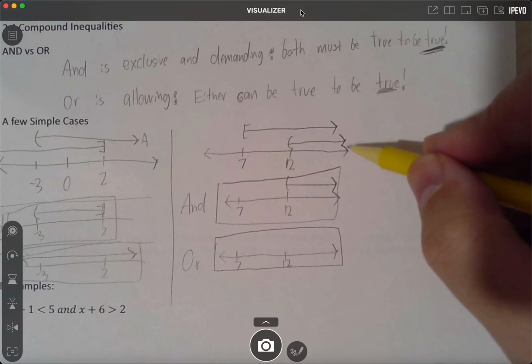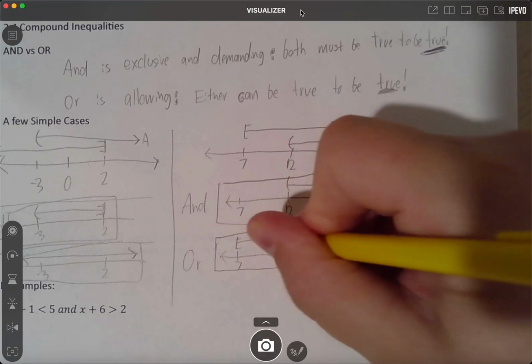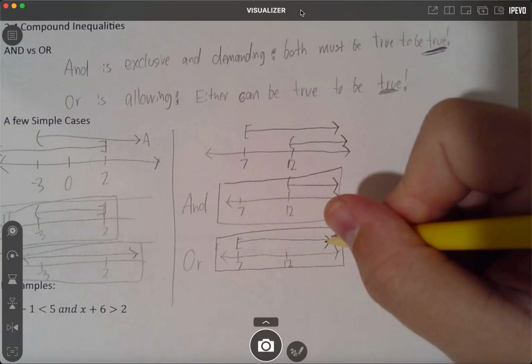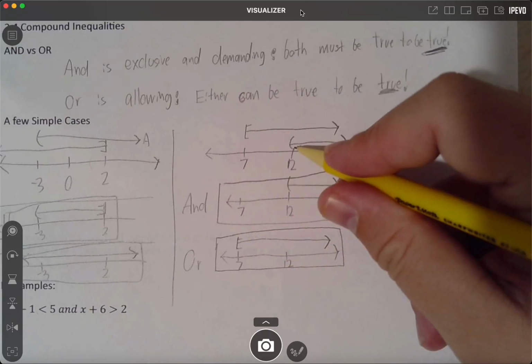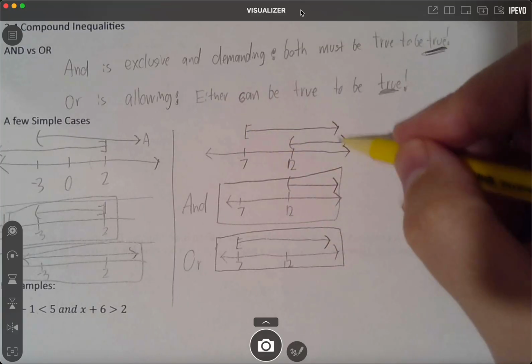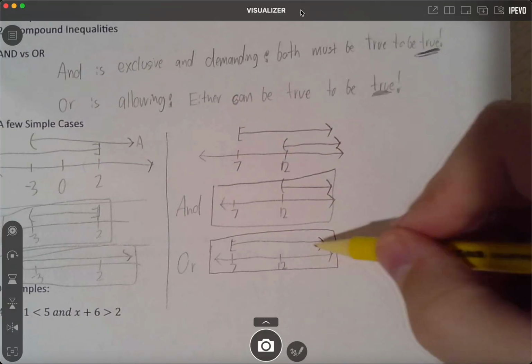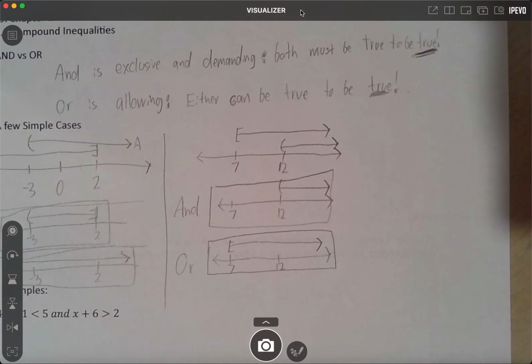So if it just needs to be true for either of them, what's kind of weird about this is that the 7 or above is the only thing you need to draw for your final answer, because it already covers everything the other solution is going to bring to the table up top here. So 7 and above covers both. There's no use of drawing two different graphs if one technically says everything that it needs.